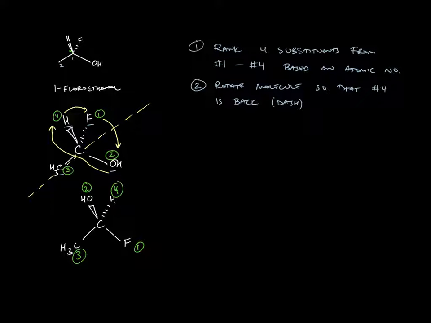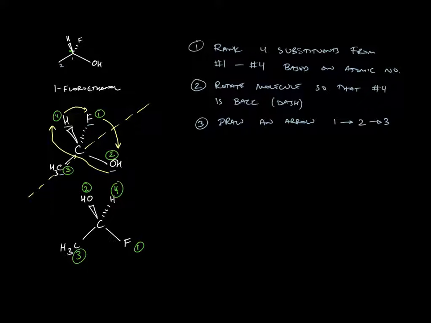All right, so then moving on to the next rule, which is the last one, we are going to draw an arrow from 1 to 2 to 3. We don't include number 4 in that because we specifically, in step number 2, rotated this so that number 4 is just kind of going away from us.